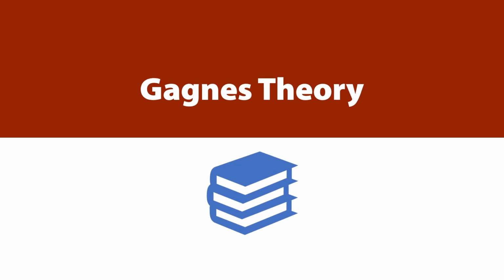The next is Gagne's theory, which is popularly known as Gagne's theory, developed by Robert Gagne. Again, this model can be applied in training and in formal classrooms. What is this model?